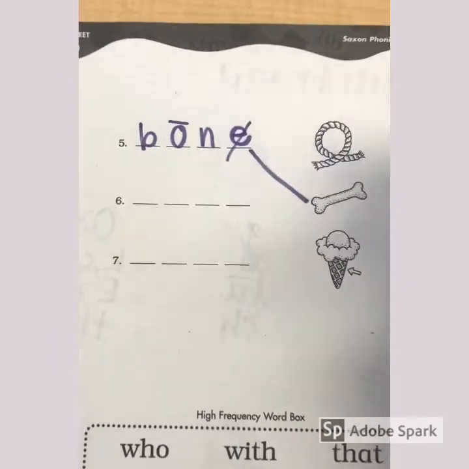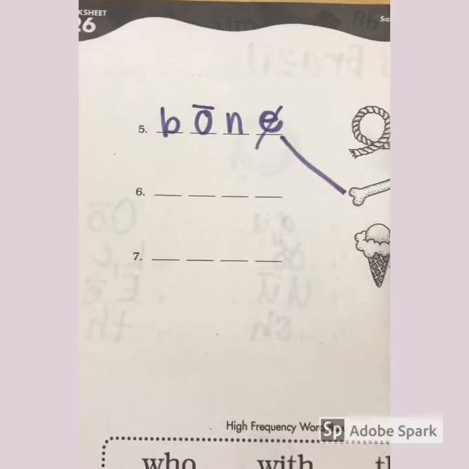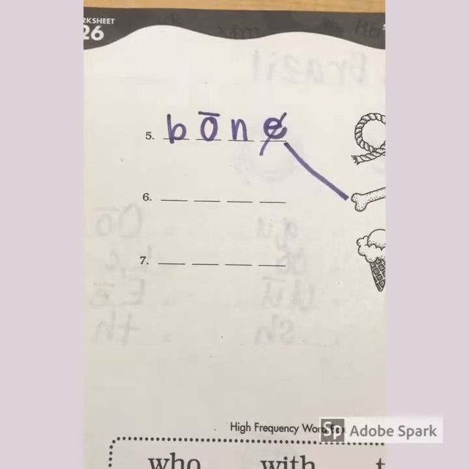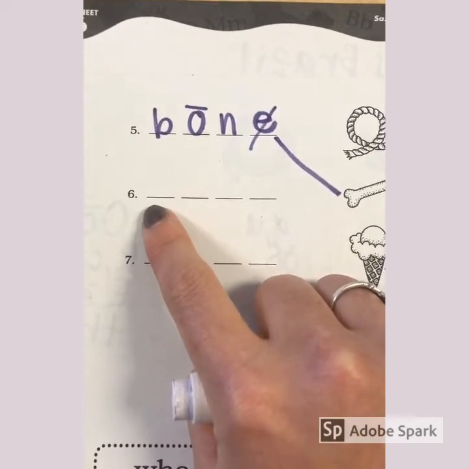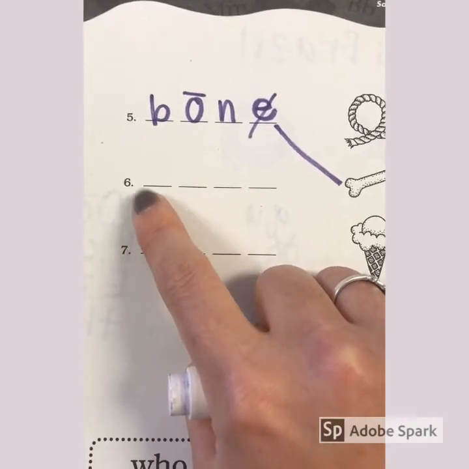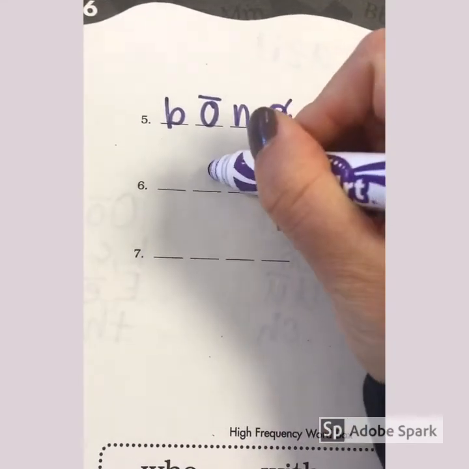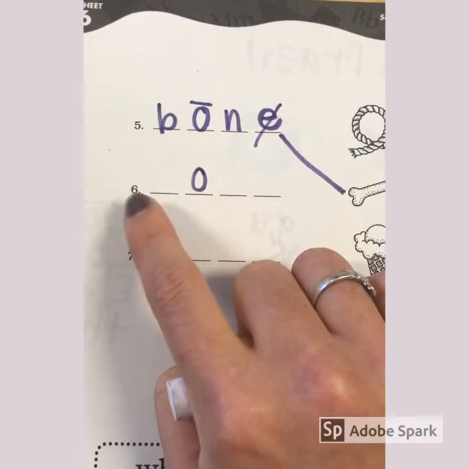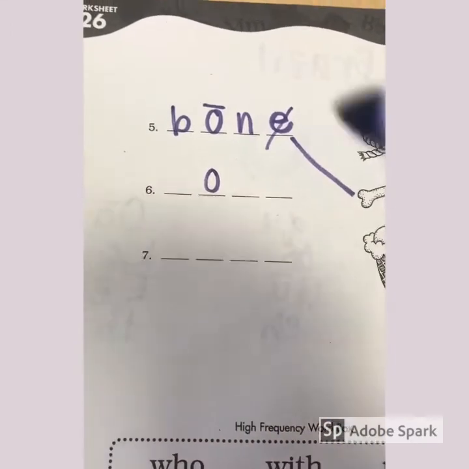Awesome. All right, number 6. I want you to spell the word cone. What makes the K sound? Could be C or K, but what's going to come after the C or K? O, so we're going to write O there first. And what is our rule with C and K if it's followed by a vowel? It's going to be a C, right?